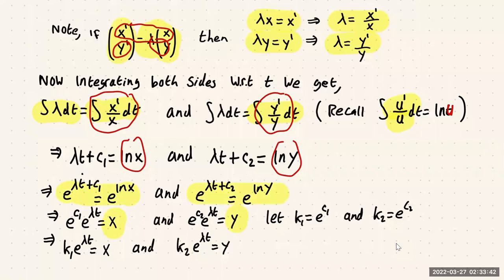I'm going to call e to the c1 k1, and e to the c2 k2. So then x can be written as k1 e to the lambda t, and y can also be written as k2 e to the lambda t. All right, let's keep going.